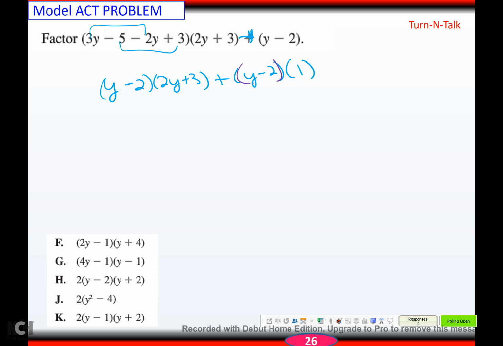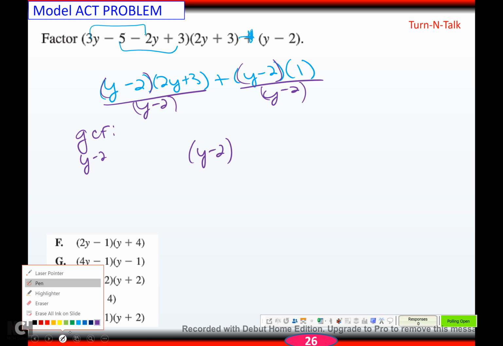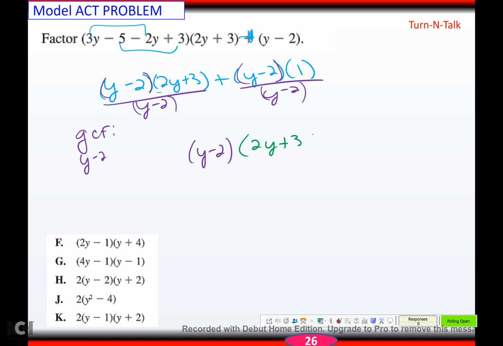And you can see the common binomial is y minus 2. So my GCF is y minus 2. To get what's left, I divide by y minus 2. And what's left is 2y plus 3 plus 1, which gives me y minus 2 times 2y plus 4.